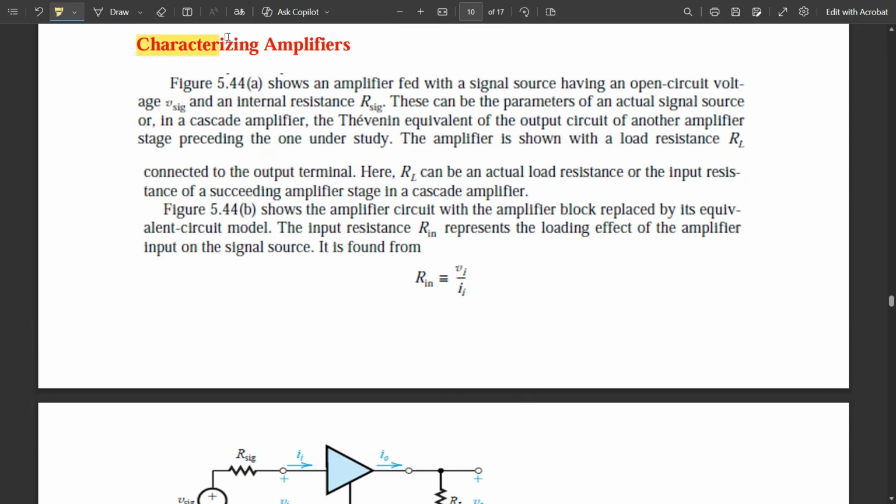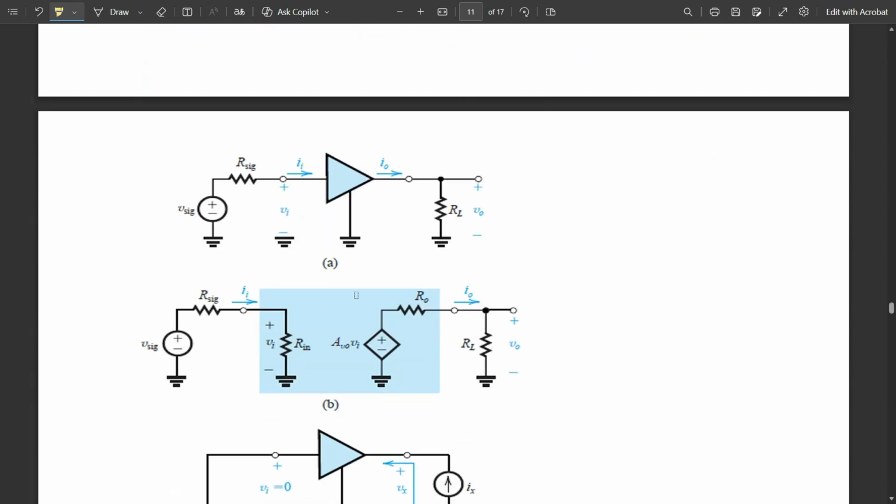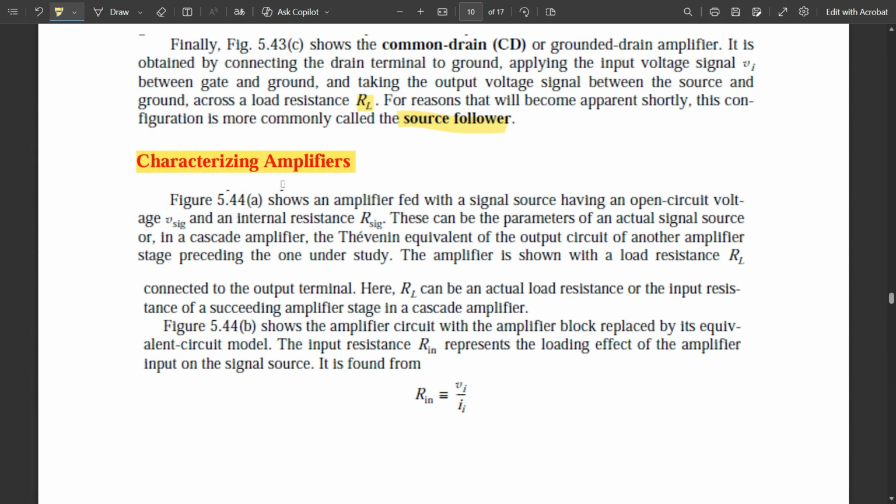Now let us see how all these amplifier configurations are characterized. Figure 5.44a shows an amplifier which is fed with a signal source having an open circuit voltage, that is V suffix signal, and an internal resistance R signal.